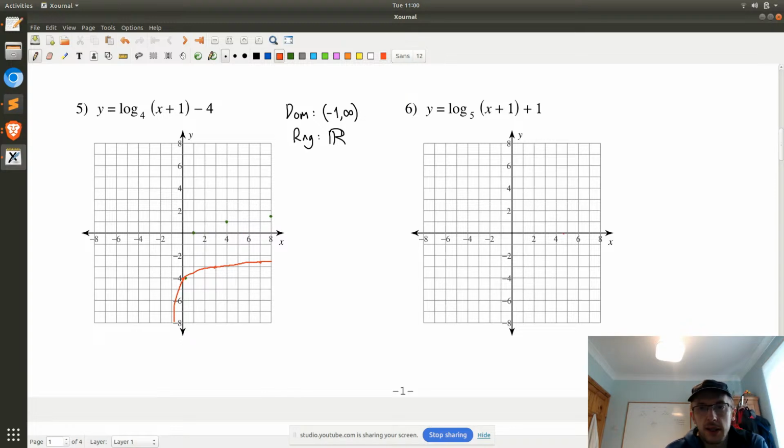So it'll look something like that. The domain of this one will be anything that is greater than -1. The range is the reals.